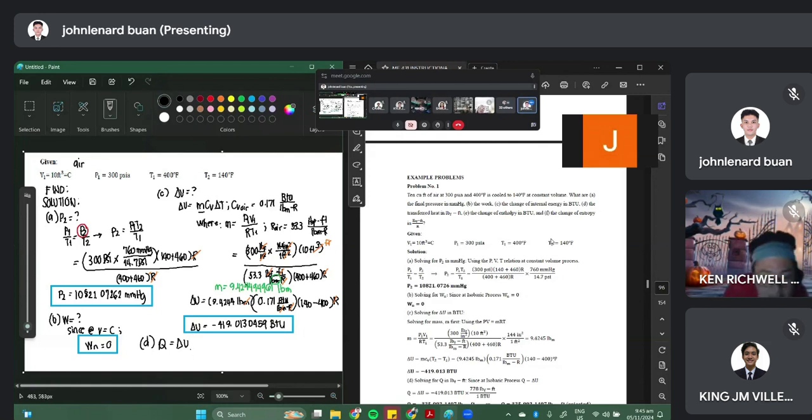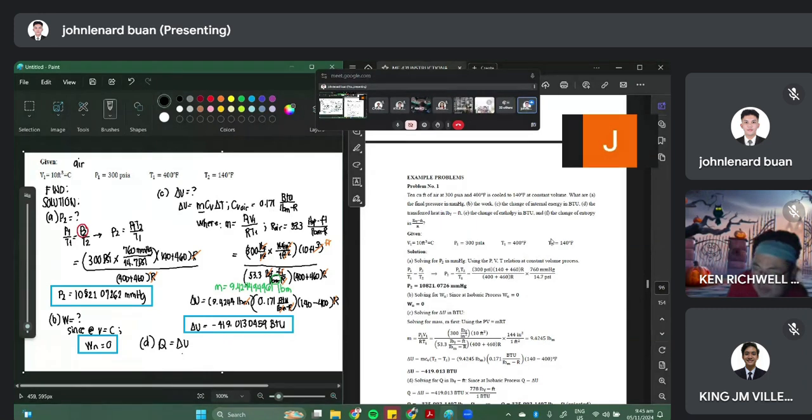The problem asks for pound force feet, but our delta U is in BTU. Therefore, we just have to convert this BTU into pound force feet.